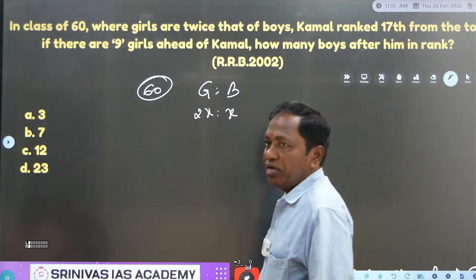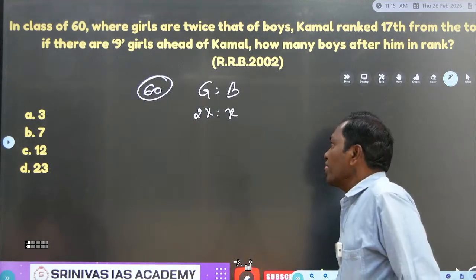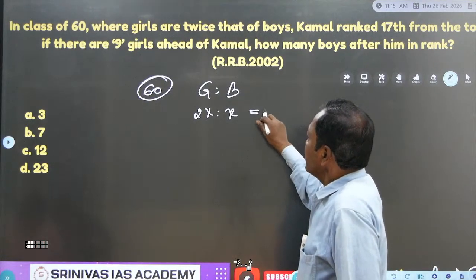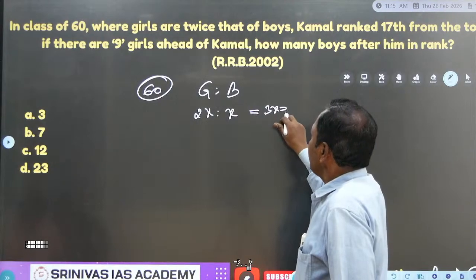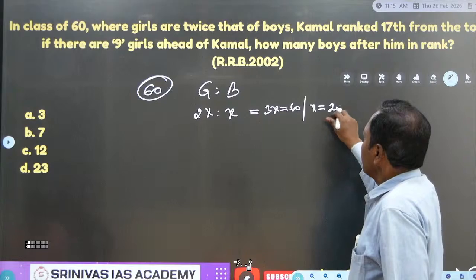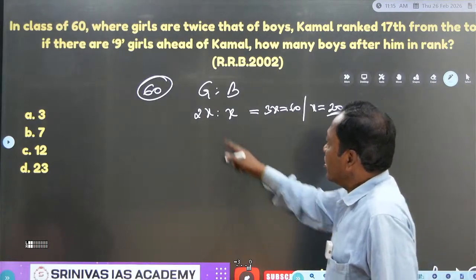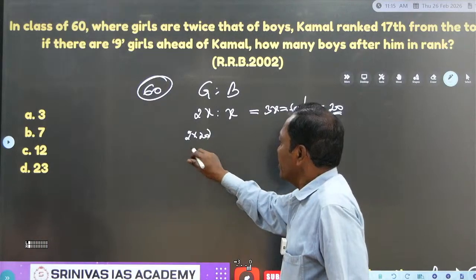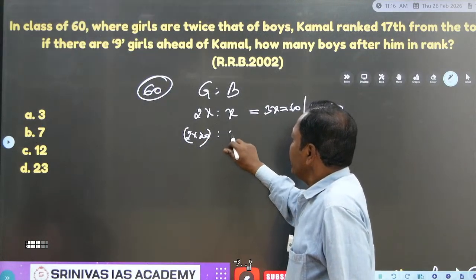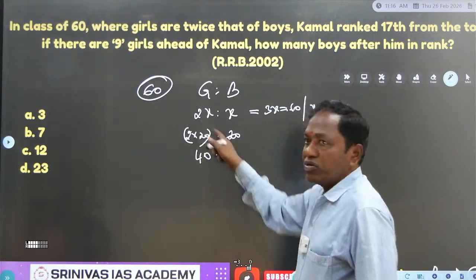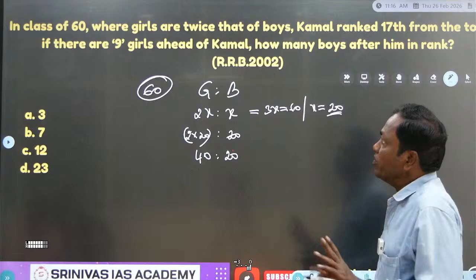Total 3x equals 60, so x equals 20. Girls are 2 into 20, which is 40, and boys are 20. Total put together is 60. That's very simple.